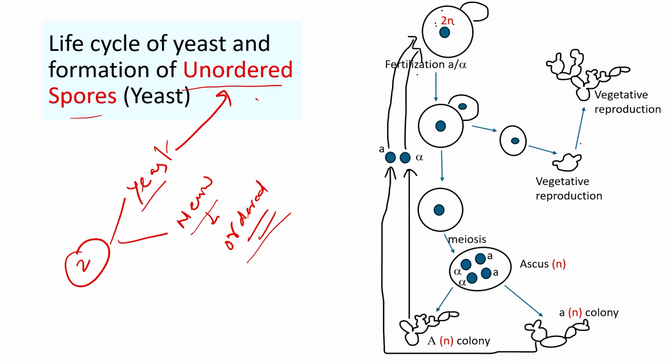So, what does the yeast life cycle look like? If you see, you will find that, as I said before, they have a haploid and diploid life cycle. It is very clear in the case of yeast.